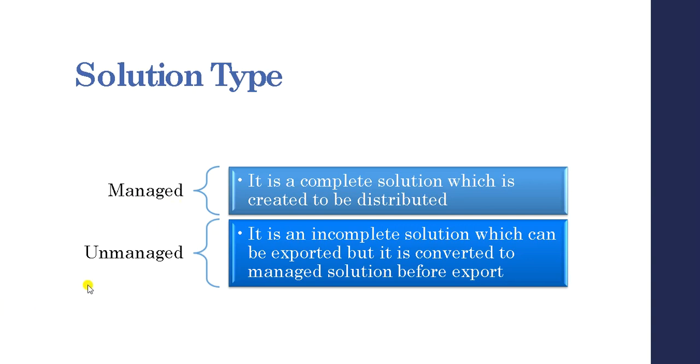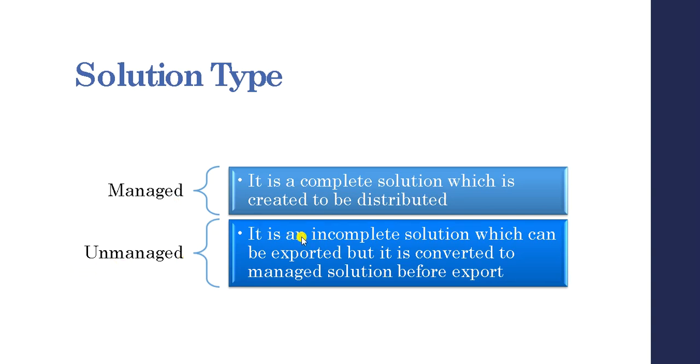Then managed and unmanaged solutions. A managed solution is a complete solution which is created to be distributed. Means if I think my solution is complete and I want to move it from one environment to another, first I need to create that solution as a managed solution, and then I can move it. Basically it is considered a complete solution.